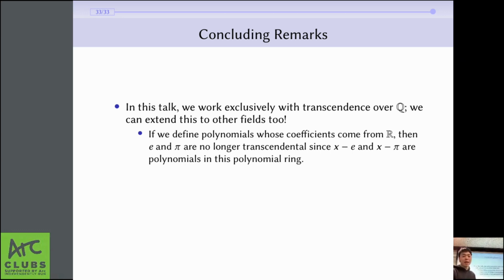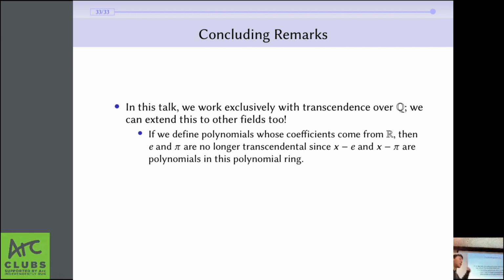Because if it were the case that e and pi were transcendental over the real numbers, this would imply that x minus e and x minus pi can't be polynomials over R. But indeed, x minus e and x minus pi are polynomials if we allow all of our coefficients to be real numbers.